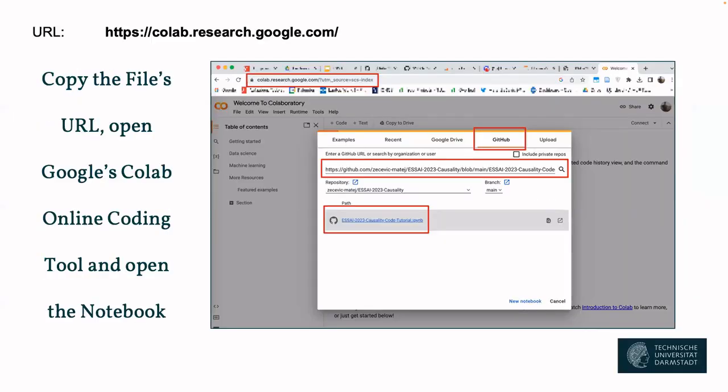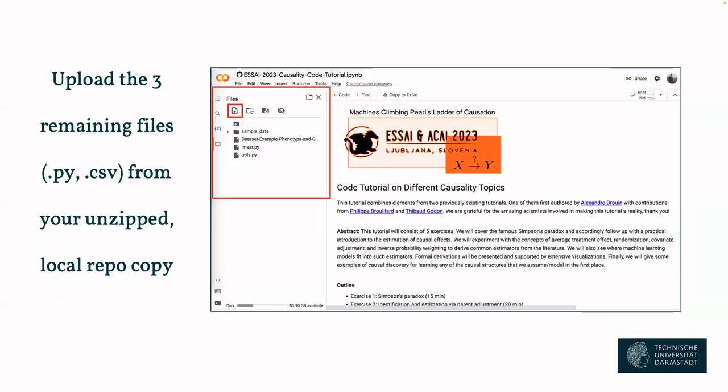Then you essentially just open Google Colab, click on the GitHub part, as you can see here, and add the notebook link. Then it's going to be shown, you can click on it, and the notebook opens. Now you're going to see the notebook where you can interact with it, just like you would with a notebook offline. Then you simply upload the remaining Python and table data CSV files from the local repository that we downloaded previously.